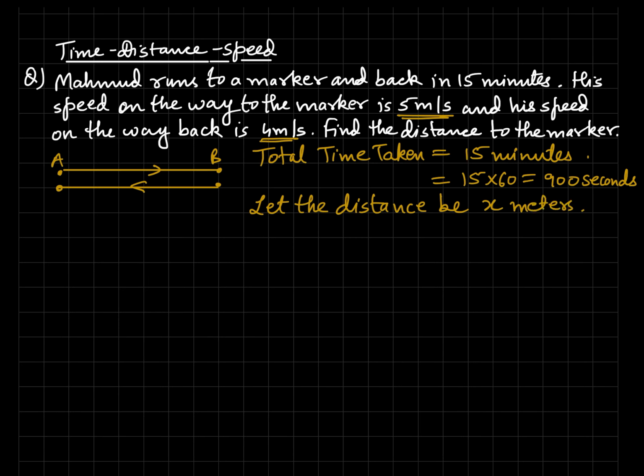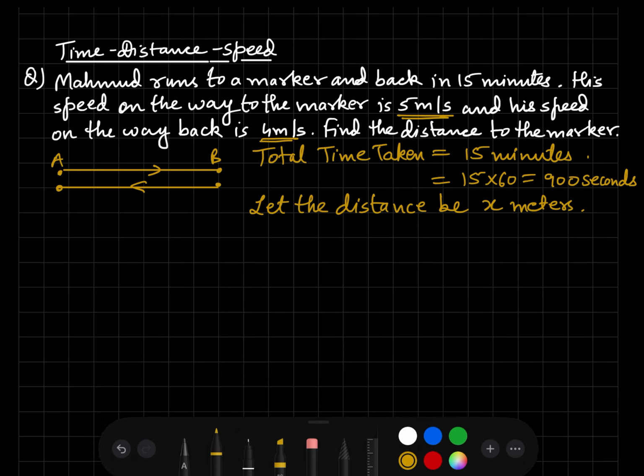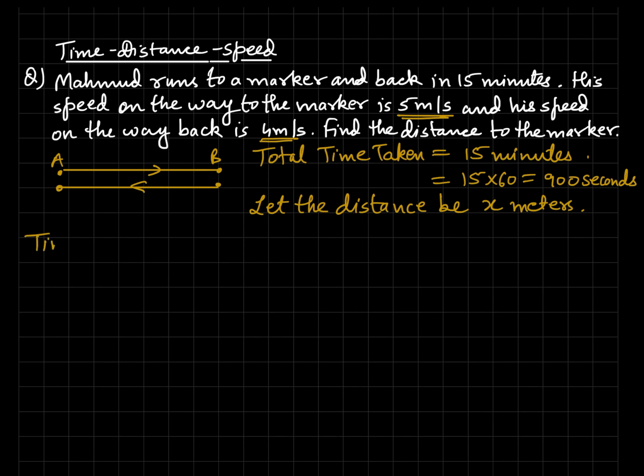Now let us do the speed on the way to the marker. We have been given total time, so we will say time taken on the way to the marker will be what?